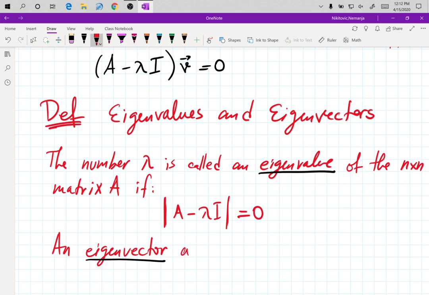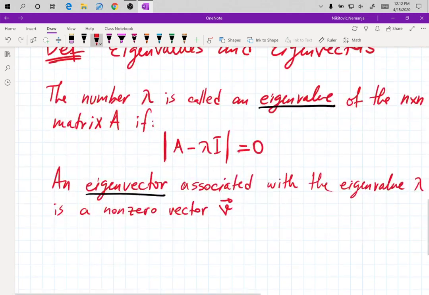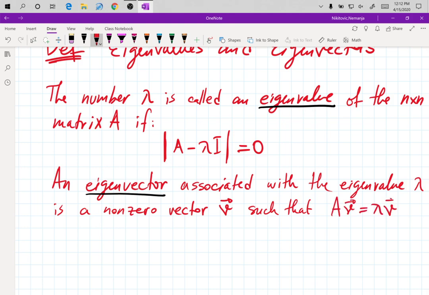The eigenvector associated with the eigenvalue lambda is a non-zero vector v, that was the v that we have seen before, such that Av equals lambda v.